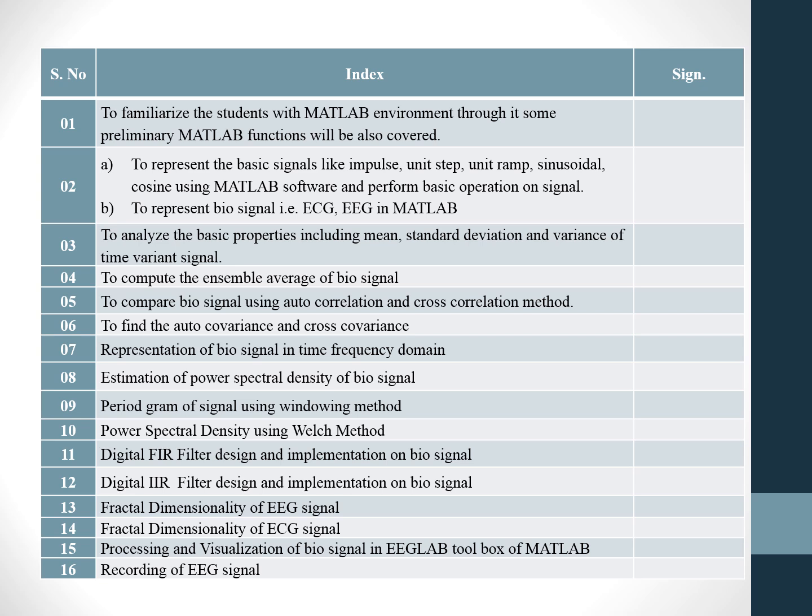We have represented basic signals, that was impulse signal, unit step signal, unit ramp signal or sinusoidal signal using MATLAB software and we have also performed basic operations on these types of signals. And then we have downloaded ECG, EEG signals from the PhysioNet databank, and then we have represented these types of signals in MATLAB. We have also analyzed the basic properties including mean, standard deviation, variance of time variant signals. So these three practicals have been covered physically.